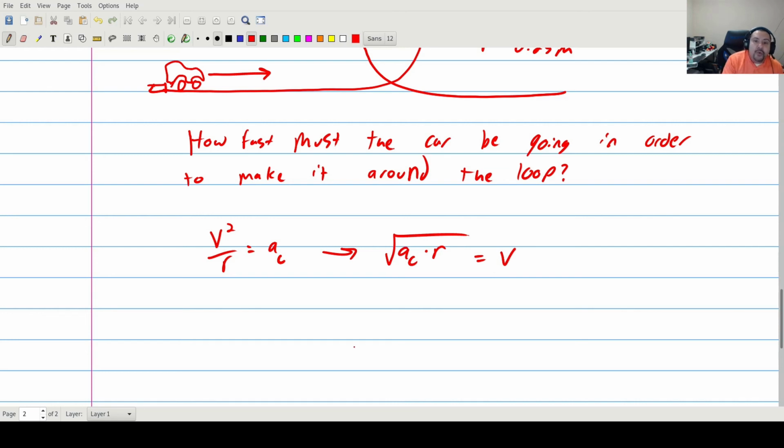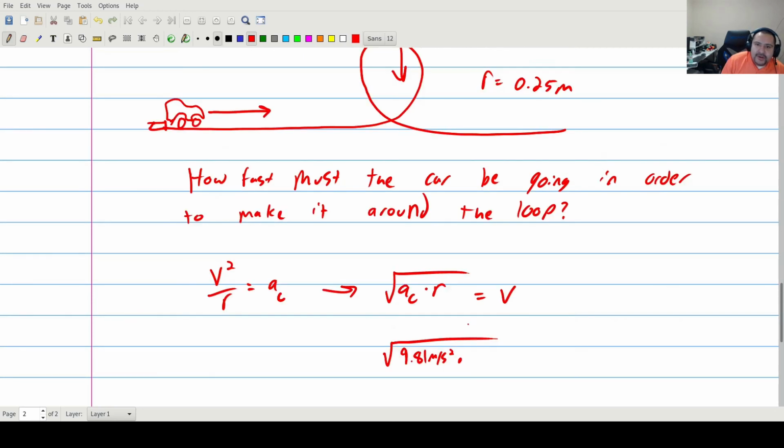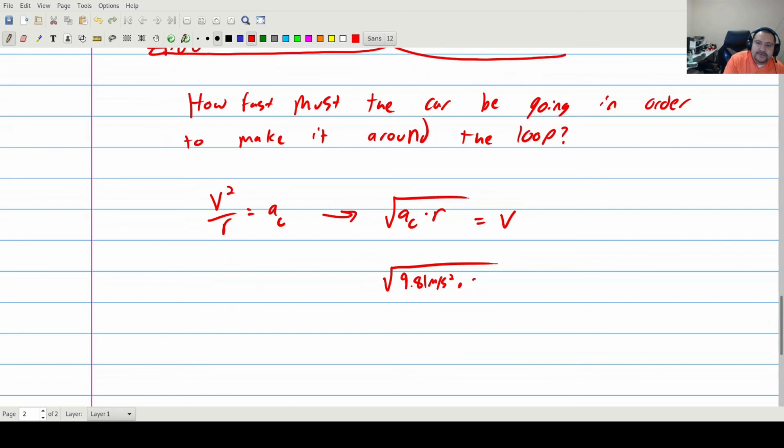Now, if I want to beat gravity, well, if gravity is acting as the centripetal acceleration, that's going to be 9.81 meters per second squared times my radius, which is 0.25 meters.